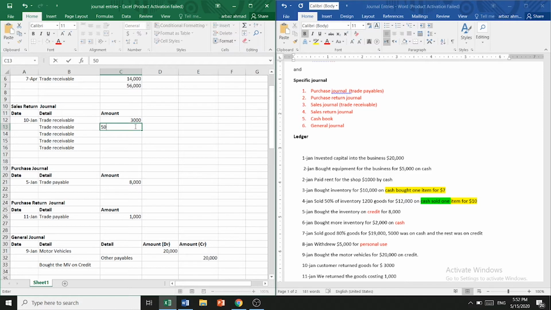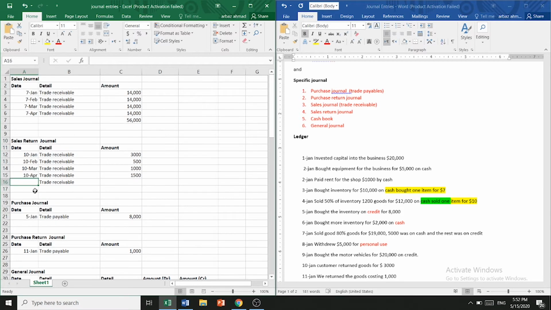This amount can be different. Let's say it's 500, maybe this is 1000, and this can be maybe 1500. So this will be 10 Feb, and this one is going to be April.